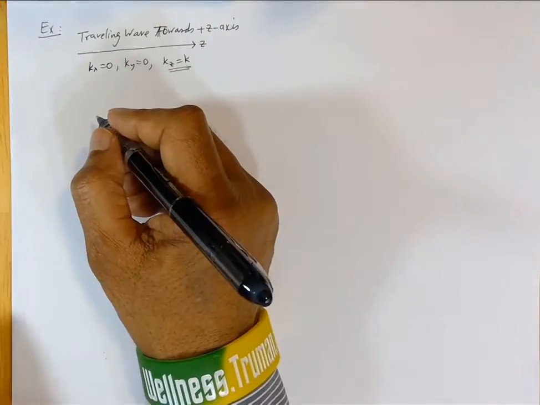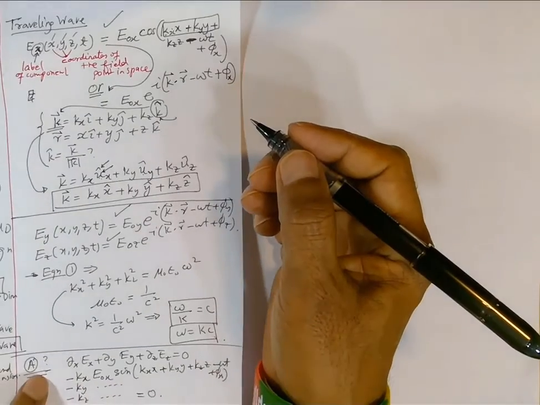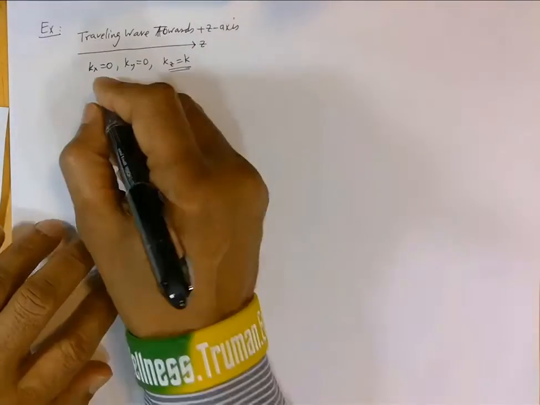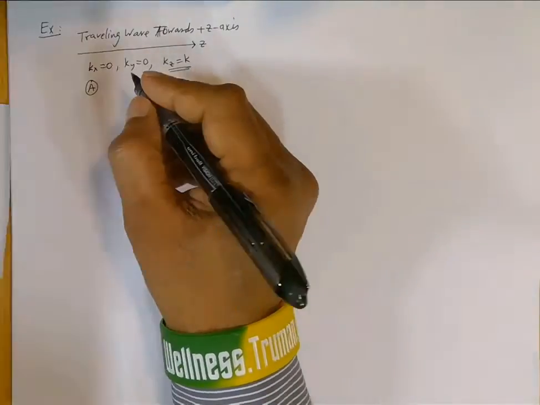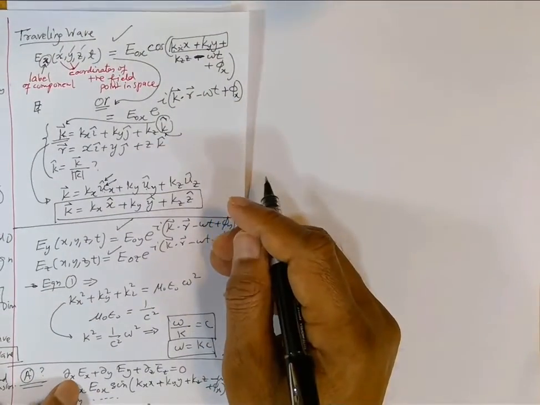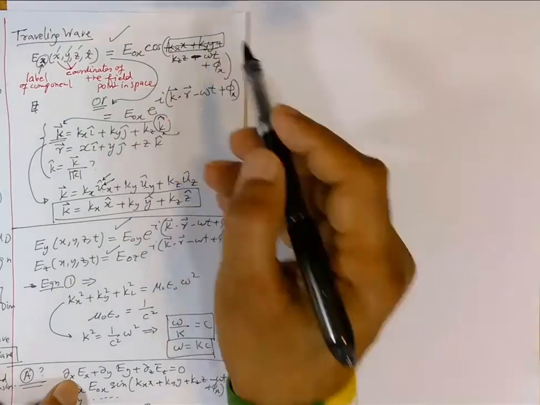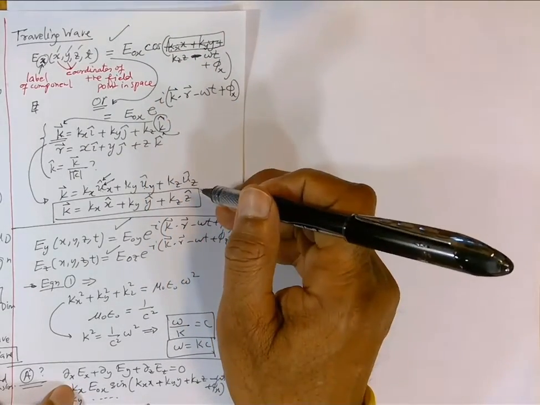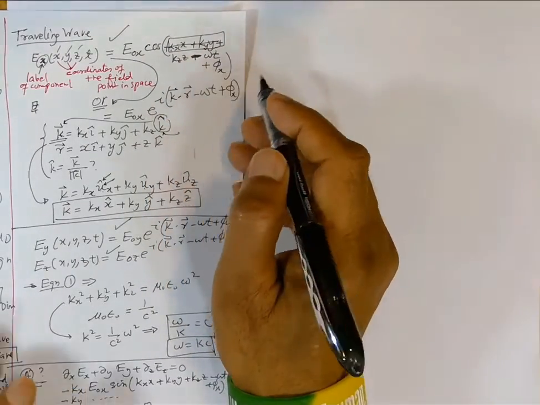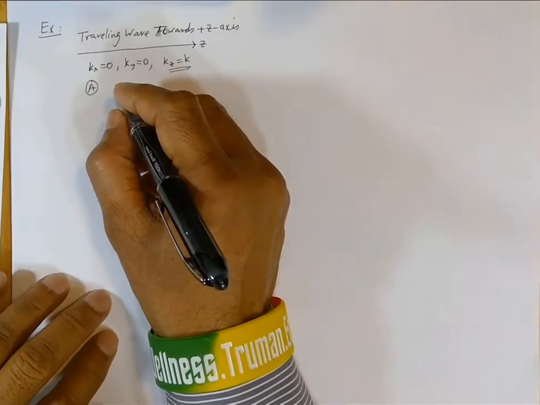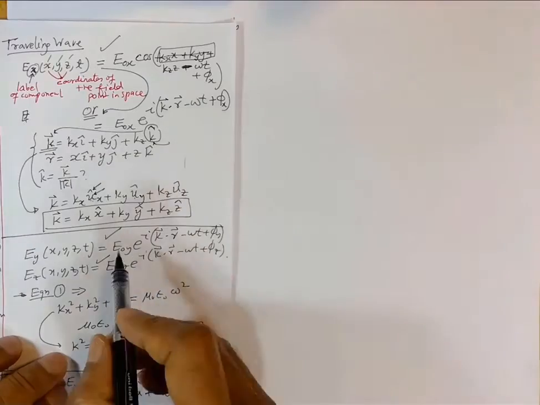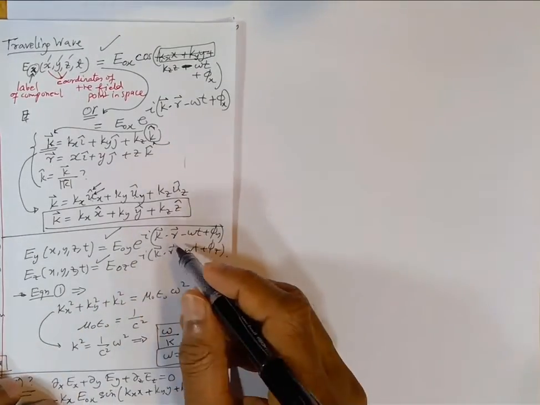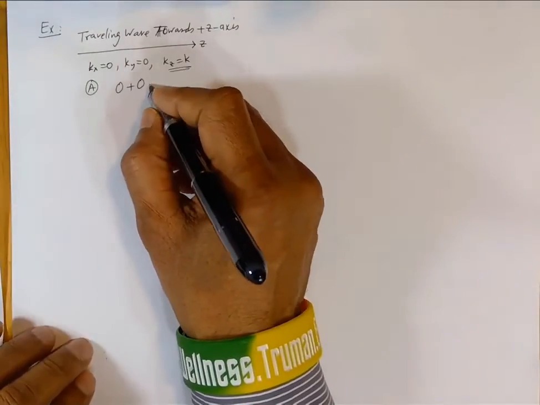So what does a look like for that? So this will mean a looks like, when I take an x derivative, there's no x here, then I'll have 0. So I'll get a 0. When I do the y derivative of this guy, there's no y there, then I get a 0.